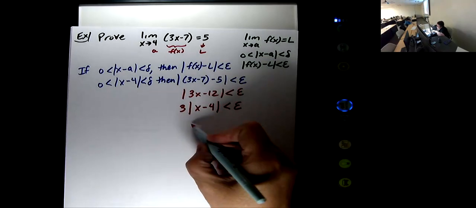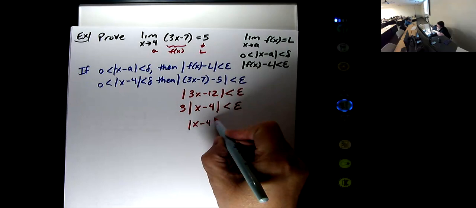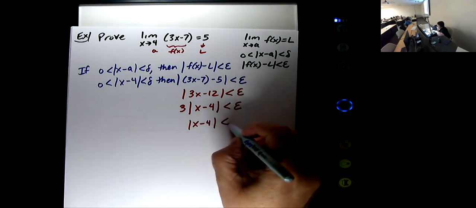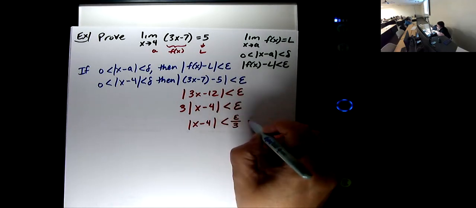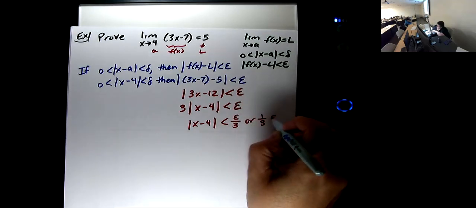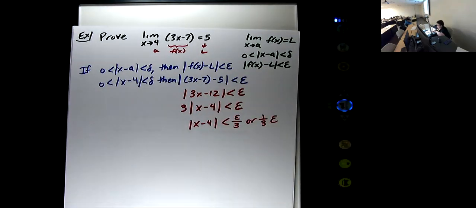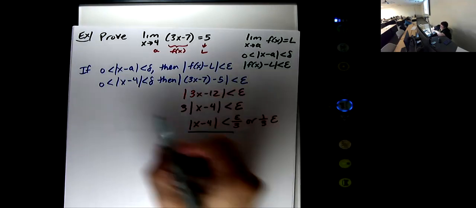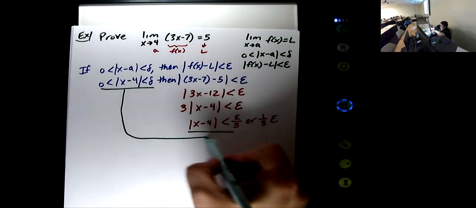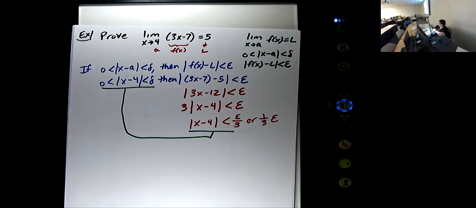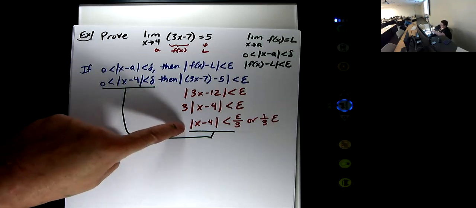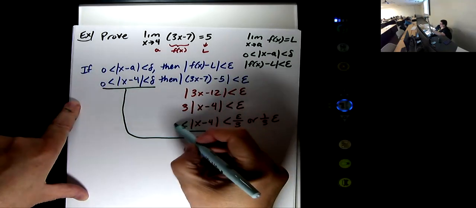So if I divide by 3, I get the absolute value of x minus 4 is less than epsilon over 3, or 1/3 epsilon. And now, doesn't this look like this? We know it's a distance. So by default, distance is greater than or equal to 0. It's got to be.